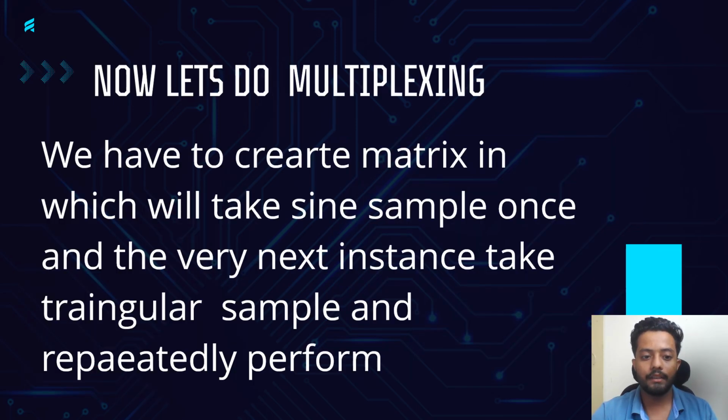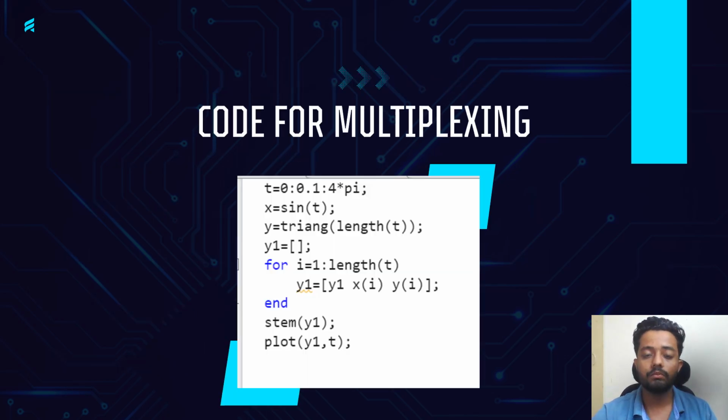Now, let's do multiplexing. The method of multiplexing is very simple. We have to take one function, and at the very next instance we have to take the second function, and repeatedly perform this till our time value is finished. You can simply see the code for multiplexing. Here we have matrix y1, and here we include two row matrices.